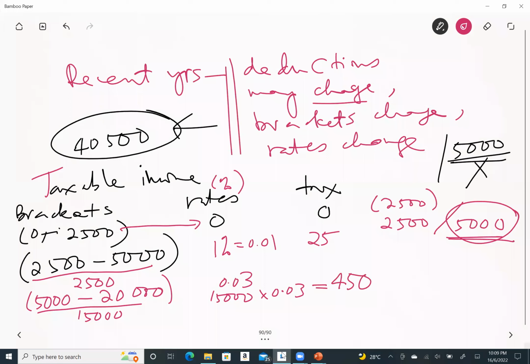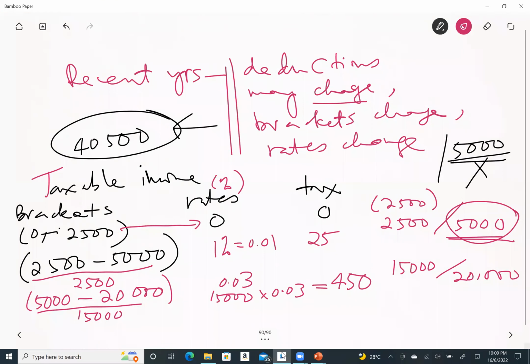So now, this one, 5,000 and 15,000, I'm sorry, so the total income that we already pay tax on is 20,000. So we still have 20,500 to pay tax on. Okay, so we go to the next bracket. Next bracket is 20,000 to 35,000.